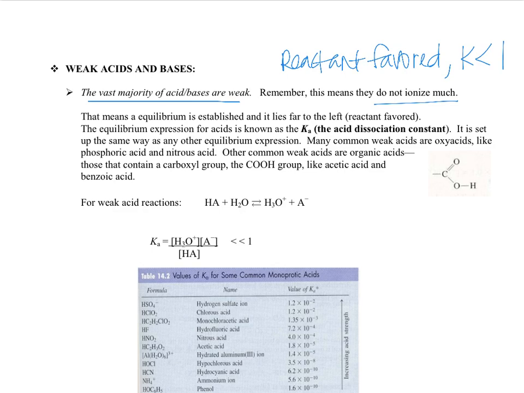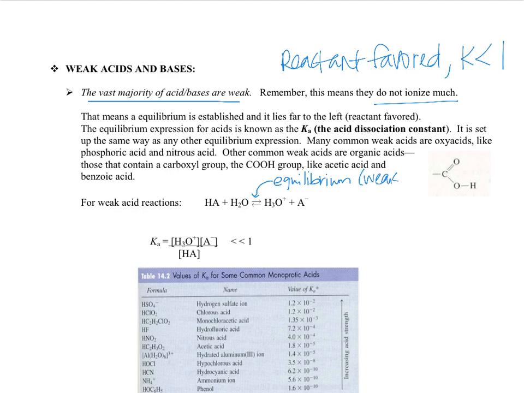So when you use a Ka expression, one thing that you want to be very clear about is that we still use this arrow right here for equilibrium, and we still set up our equilibrium expressions the same way. So this is my generic equation for an acid. Now, when I see that equilibrium sign, that usually tells me it's weak.